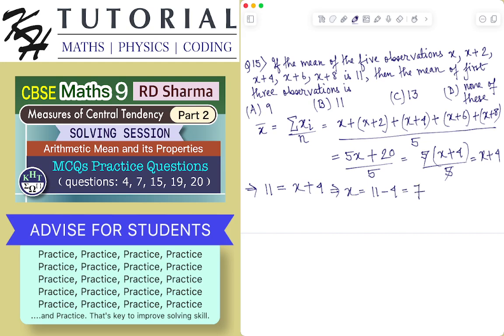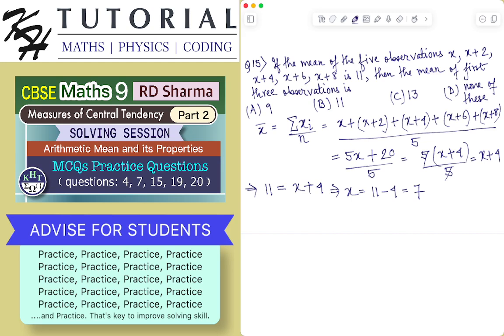Now x is 7. The problem asked to find the mean of the first 3 observations. The first 3 observations are x, x plus 2 and x plus 4. But to find the mean of the first 3 observations, first we had to find the value of x. So we have found x to be 7.